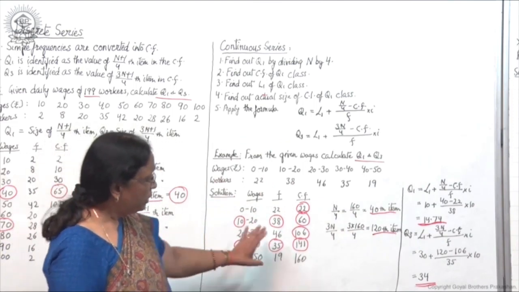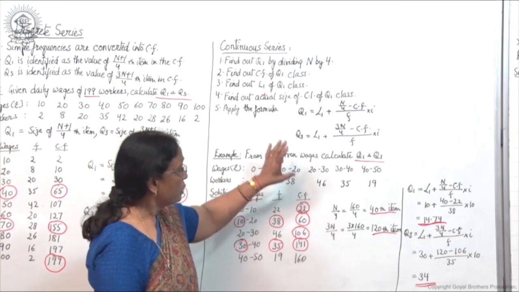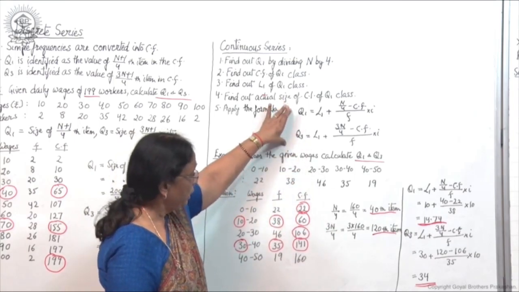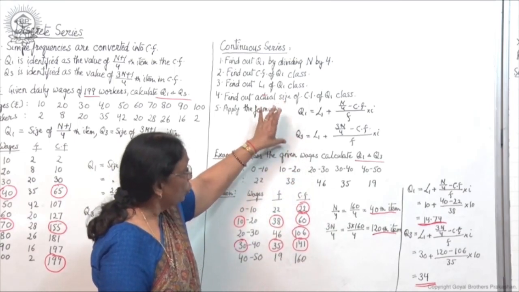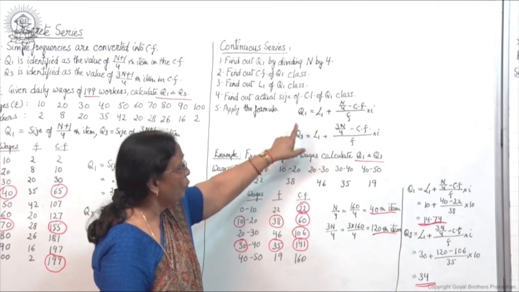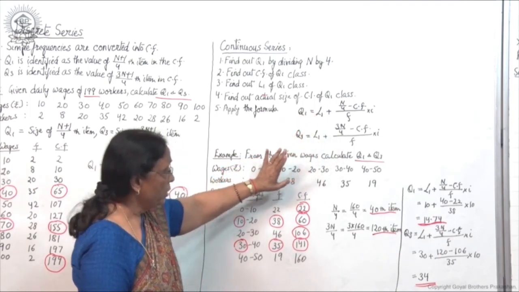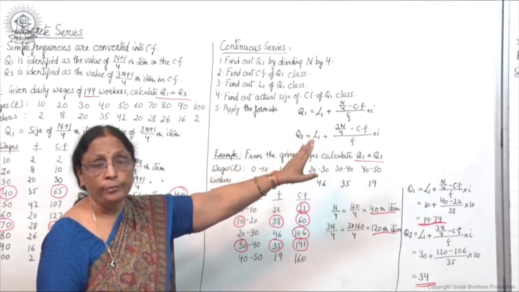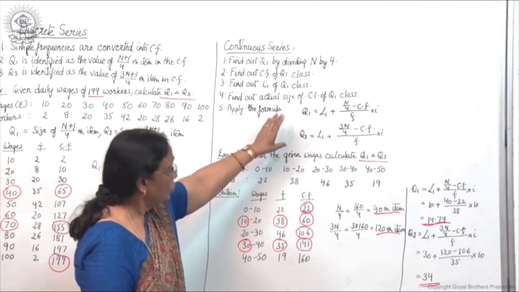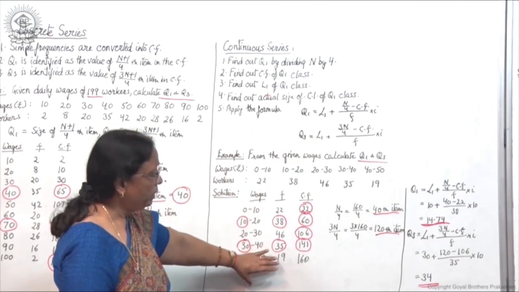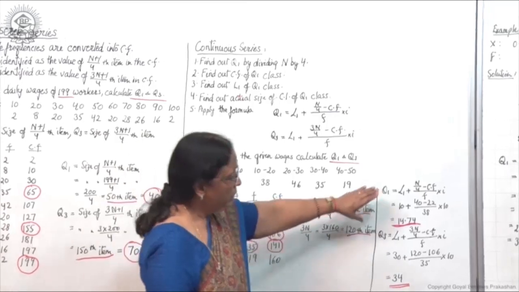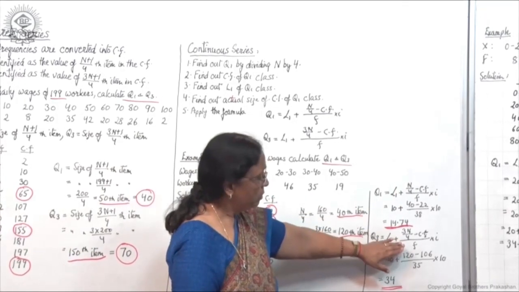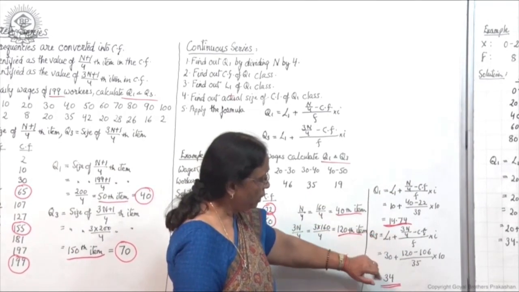So in this way, first you have to learn the formula properly and you should know what is L1, what is n upon 4, what is CF, what is f. This you have done in the case of median in detail. So locate the values and do the calculation, put the right values after writing down the formula.